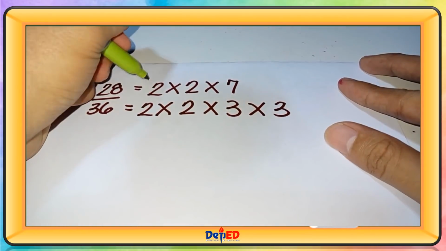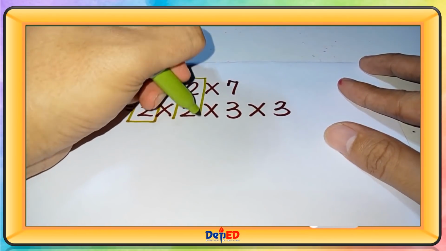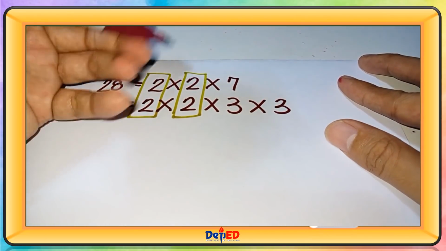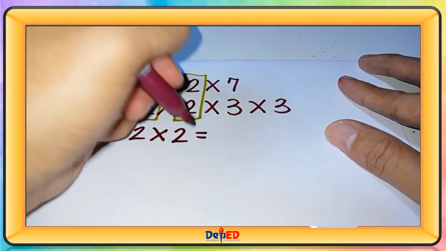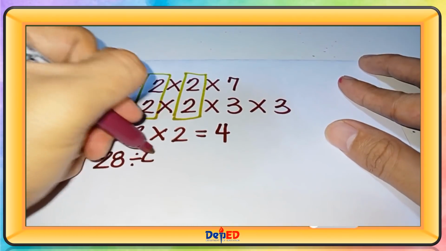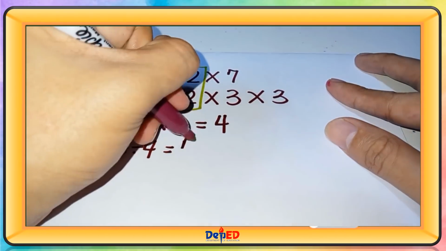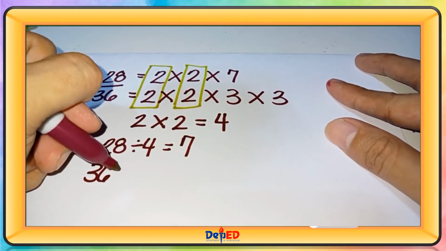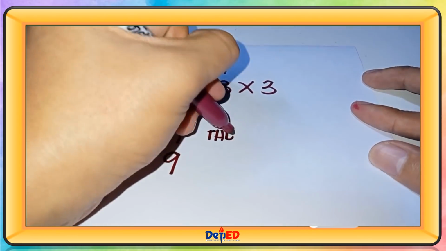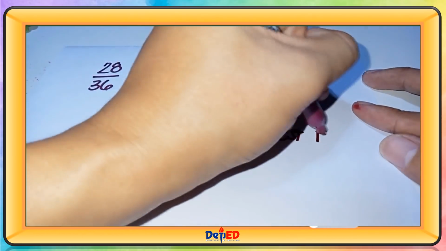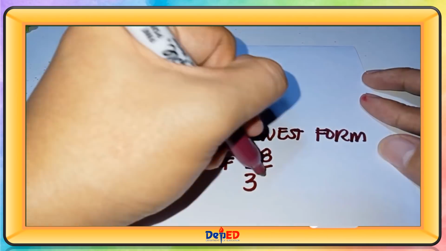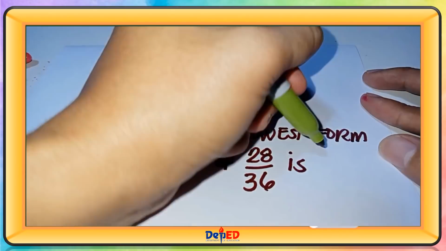We have 2 common factors, which is number 2. 2 times 2 equals 4. 28 divided by 4 equals 7. 36 divided by 4 equals 9. The lowest form of 28/36 is 7/9.